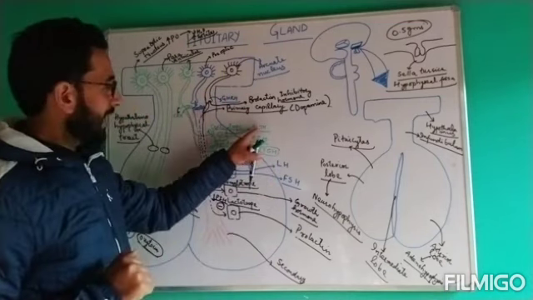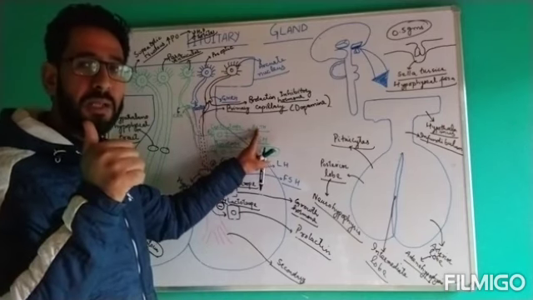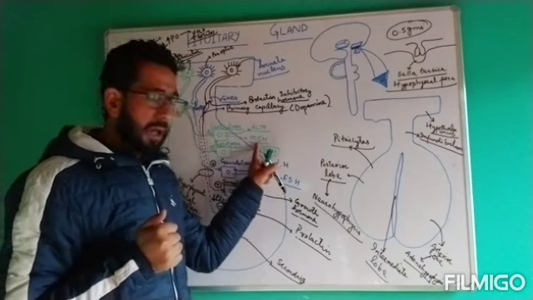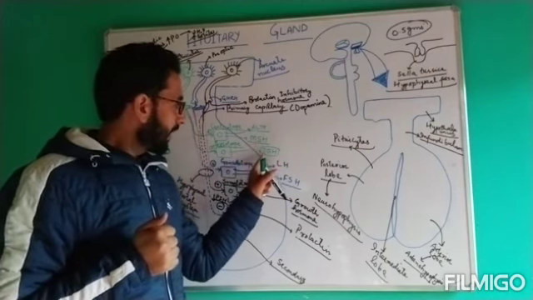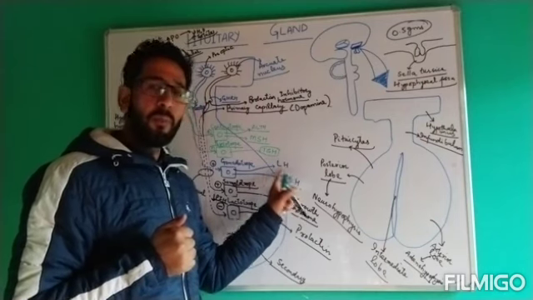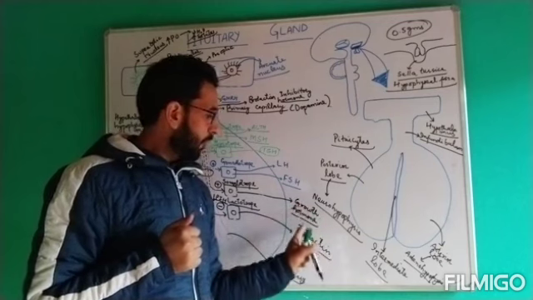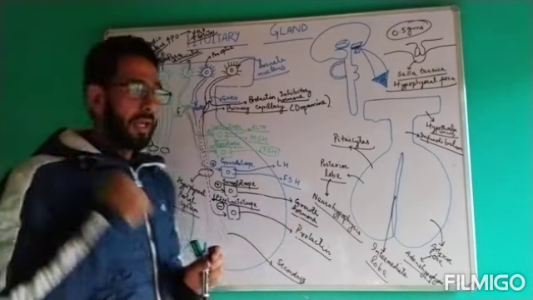We have seen ACTH, adrenocorticotropic hormone, is the first hormone released from the anterior pituitary. Second is the melanocyte stimulating hormone. Third is the thyroid stimulating hormone. Fourth is the luteinizing hormone. Then there is follicle stimulating hormone, then growth hormone, then prolactin. Okay?